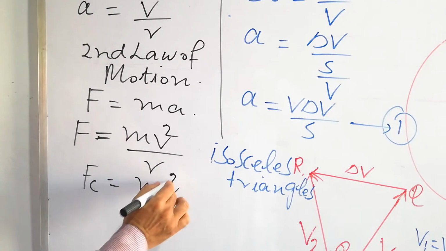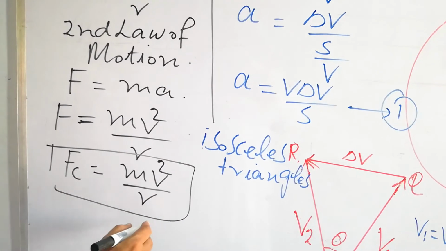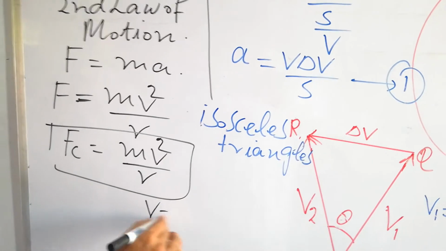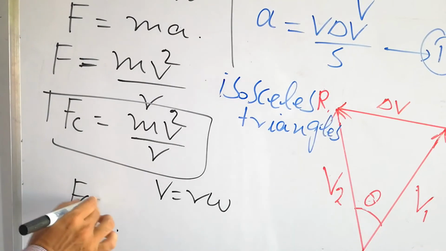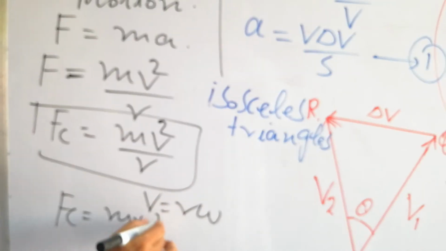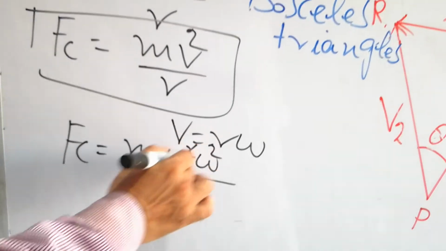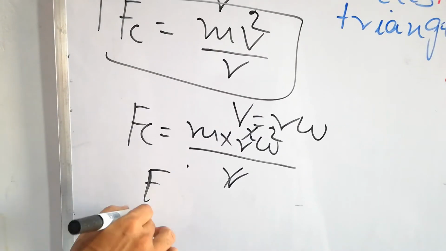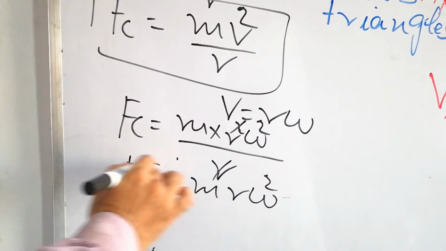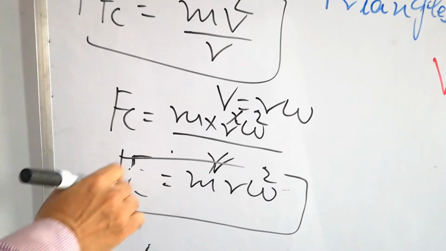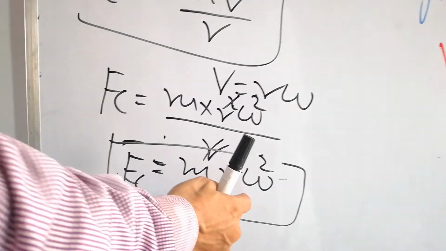So Fc is equal to mv square over r. So that is the centripetal force. And we know this relation V is equal to r omega. By just inserting this value, Fc is equal to m into r square omega square divided by r. So r is cancelled. We have centripetal force is equal to mr omega square.